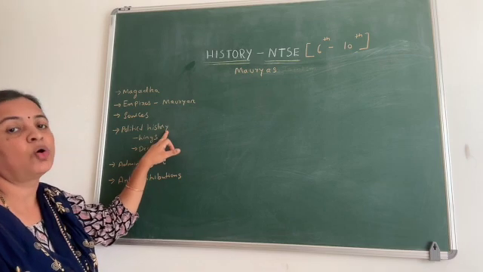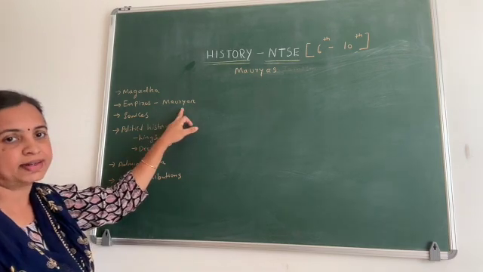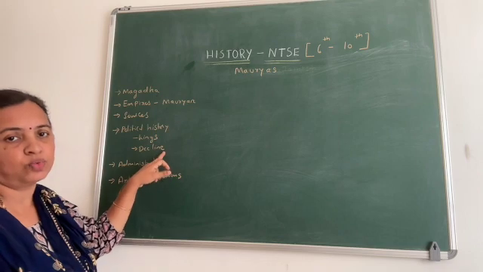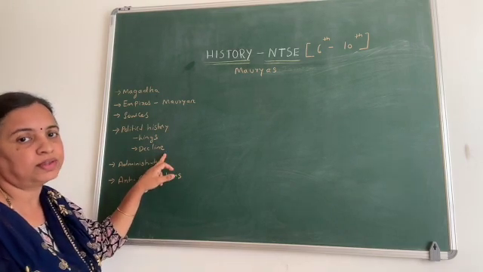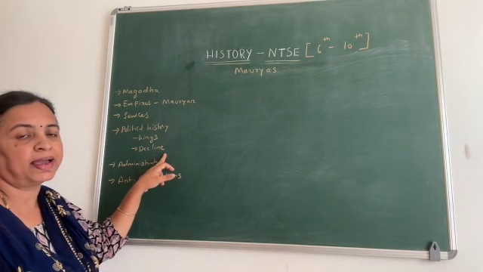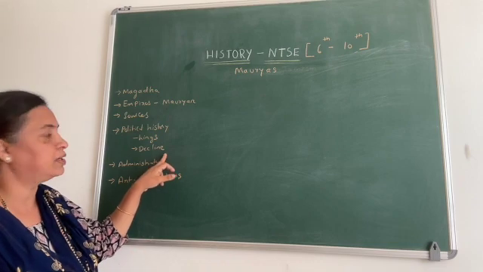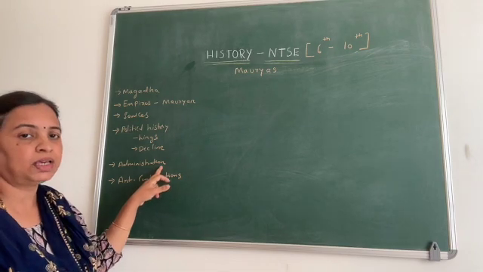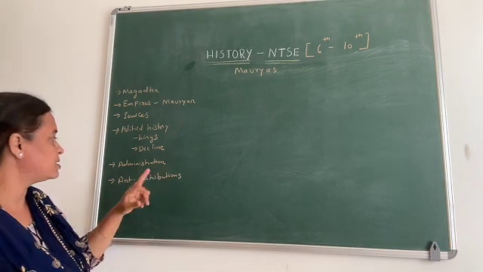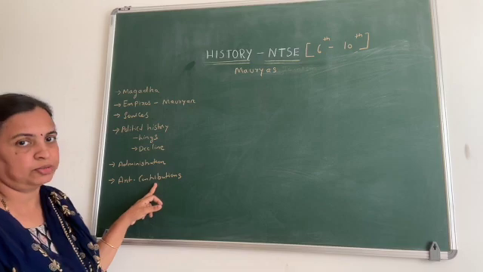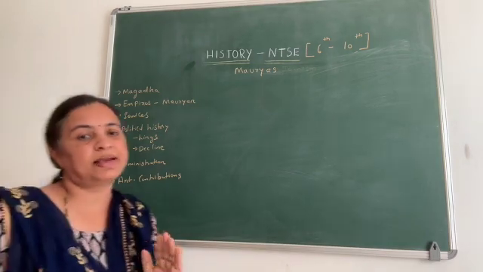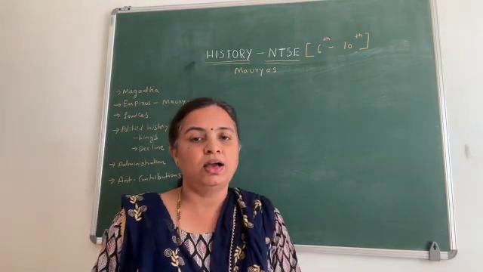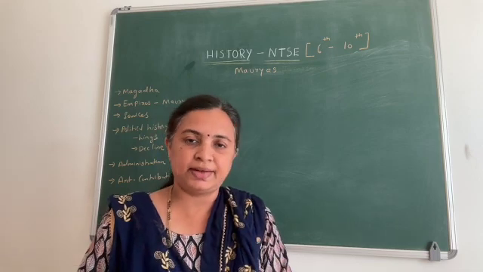Political history means who the kings of the Mauryan dynasty were, what they did, and how the empire declined and got destroyed. Then we will take a look into the administration of the Mauryas. We'll also look into its contributions. So we will go step by step to help you understand a bit about the empire itself.